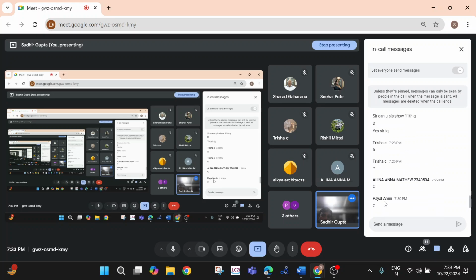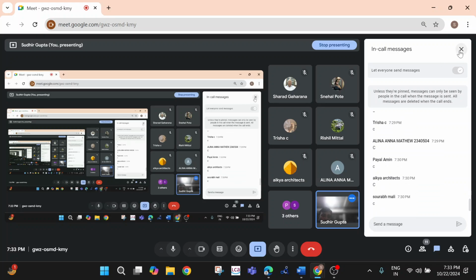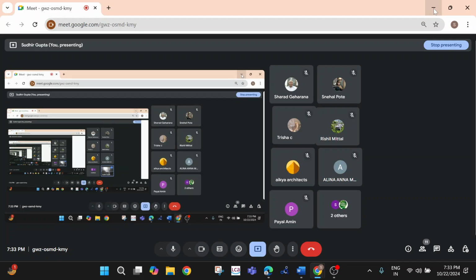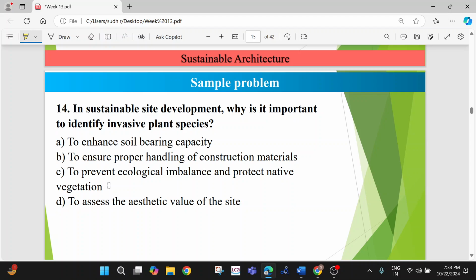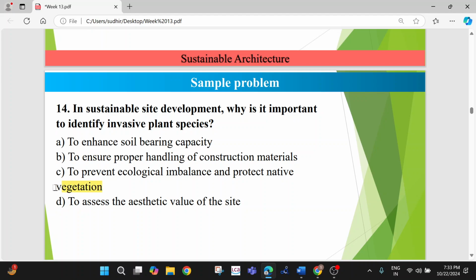So most of you are answering C. Yes, C will be the right answer for this question, question number 14.